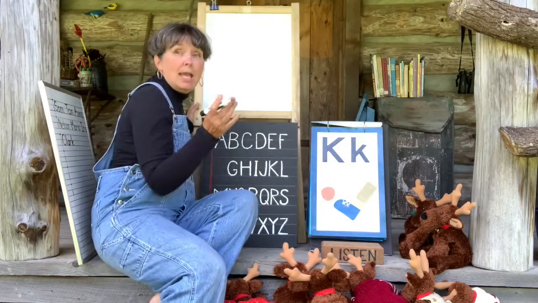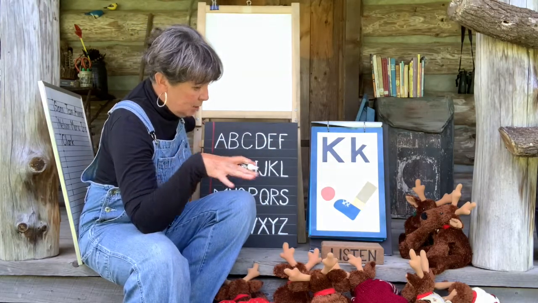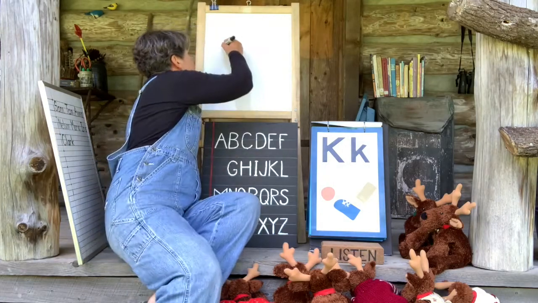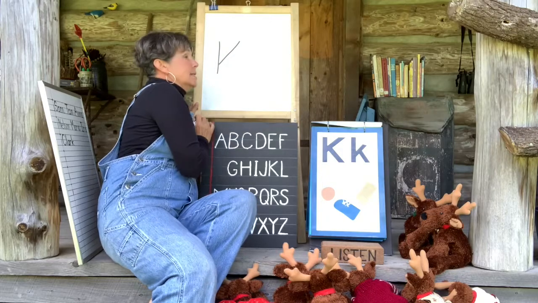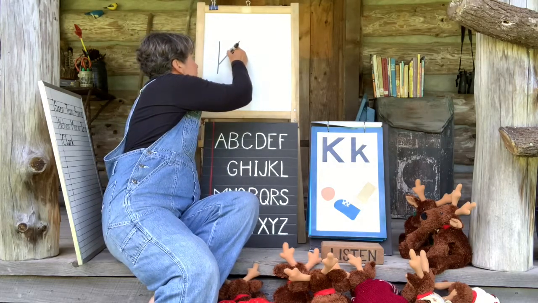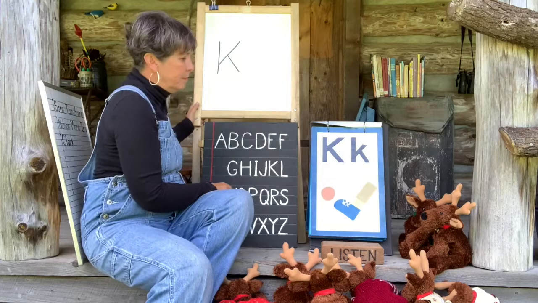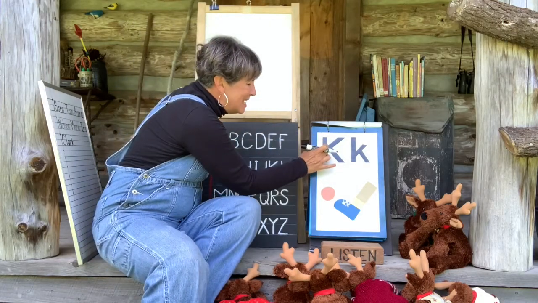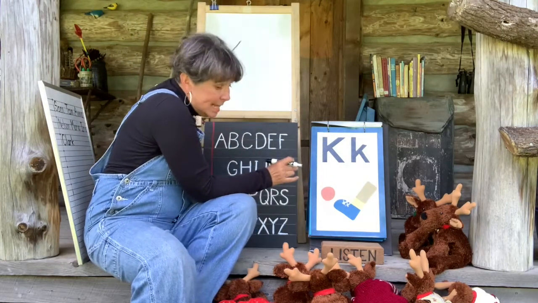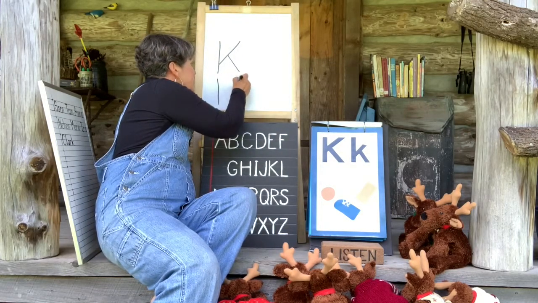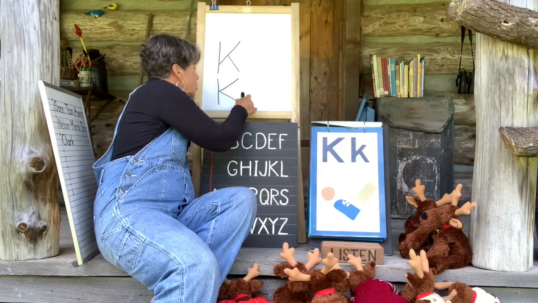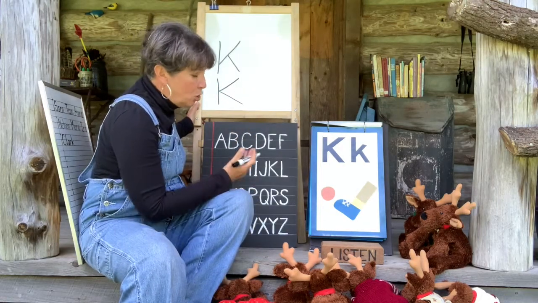Sometimes with the capital K, when I was learning to write like you guys are, an uppercase K came down like this, and then the other slant started there. And you can see a little bit that way. But an easier way to make a K is to come down and then just slant in and out. You don't even have to lift your pen or your pencil.